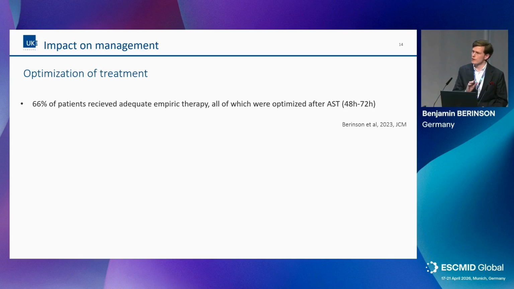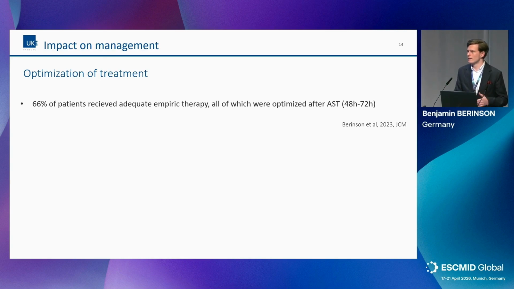And we also said we wanted to look a little bit into treatment optimization. So actually first, we had a retrospective study going on where we also had synovial fluids analyzed. There, 66% of patients received adequate therapy in the beginning, and all of which were optimized after AST availability, which usually took on average 48 to 72 hours after arrival to the lab.